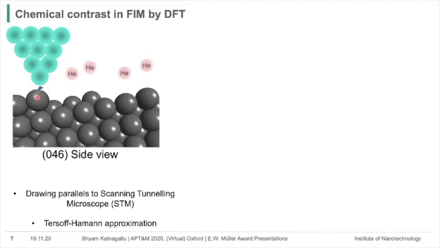Now, this is similar to our field ion microscopy because you have individual helium atoms ionizing from the top of your specimen surface, and they do so by an electron from the helium atom tunneling into the specimen. So if we estimate the tunneling currents here, or the ionization probability, we can estimate that based on the local density of states.